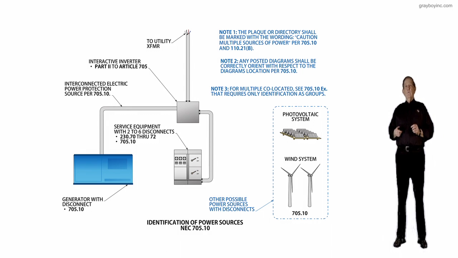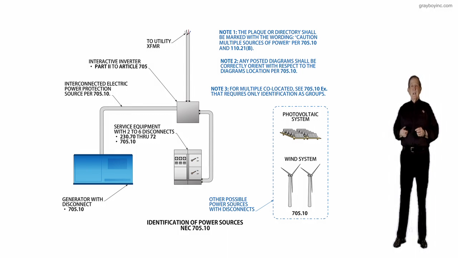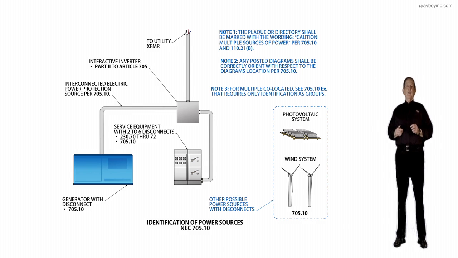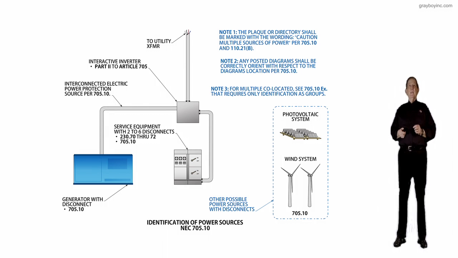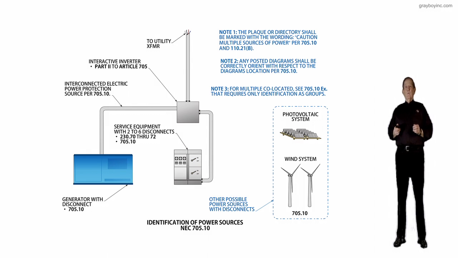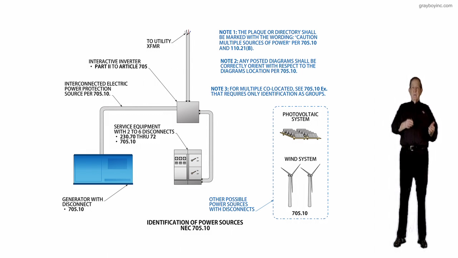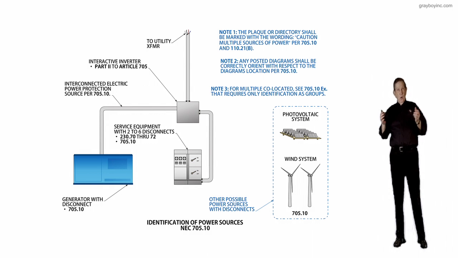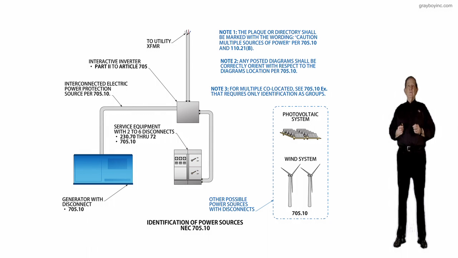And then we would like at this time to call your attention to the call-outs. Right at the very top, we have the line to the utility transformer, wherever that may be located. Then you have your interactive inverter, Part 2 of Article 705, meaning that inverter will bring the emergency power sources on with the amount of power needed to supply critical loads and loads that you just don't want to lose if you should lose the normal power.